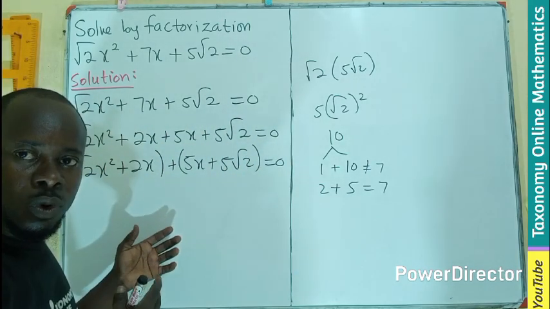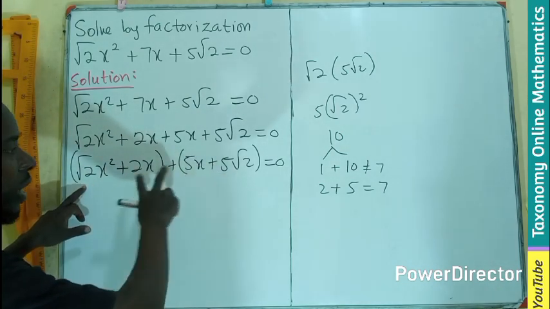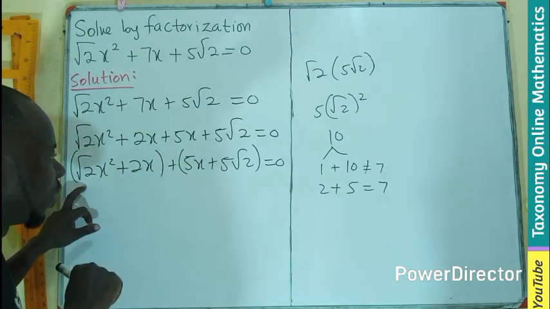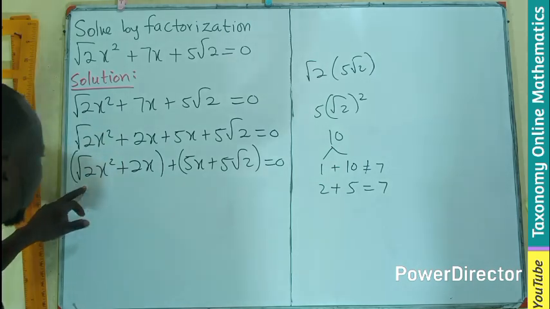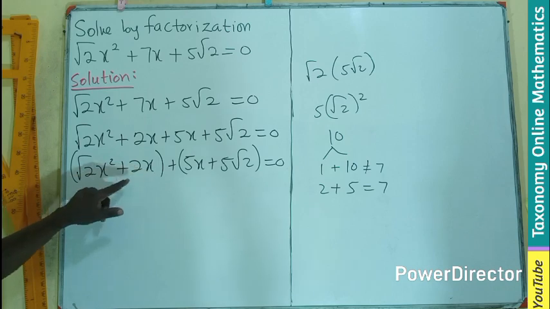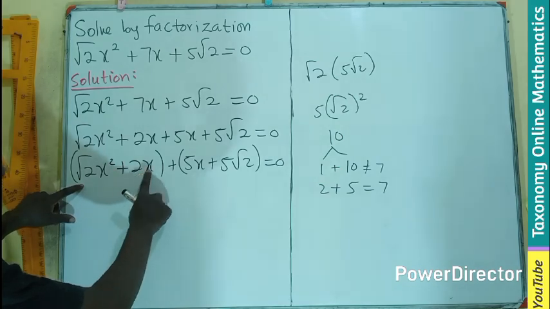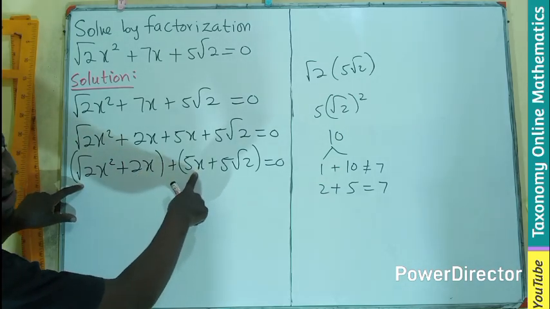all equals 0. Looking at this, we have 2 terms in each bracket which we need to factorize. Now if you look at this, the common factor would have been x. Then I should be left with 2 and root here, but I will not be getting the root.